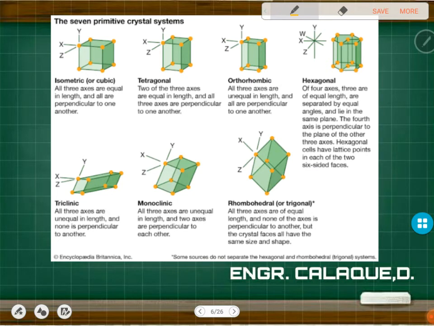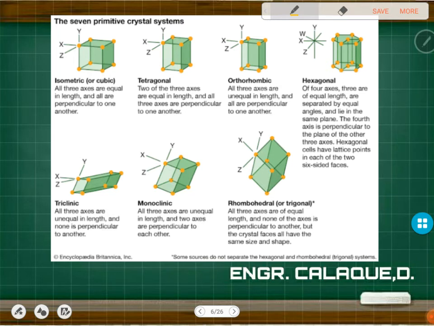In the tetragonal system, 2 of the 3 axes are equal in length, like a regular parallelepiped. And all 3 axes are perpendicular to one another. And we also have the orthorhombic. All 3 axes are unequal in length, so none are the same. And all are perpendicular to one another.